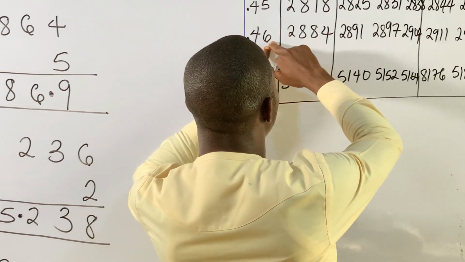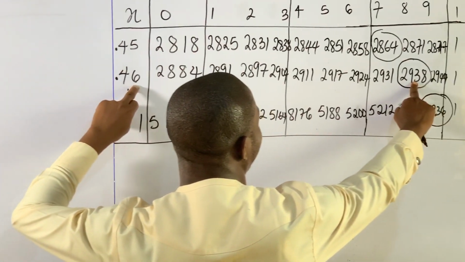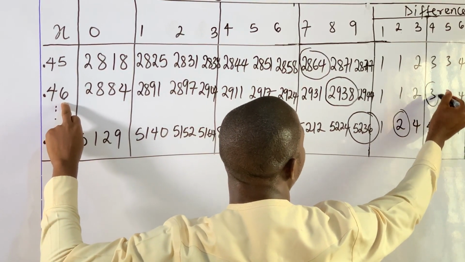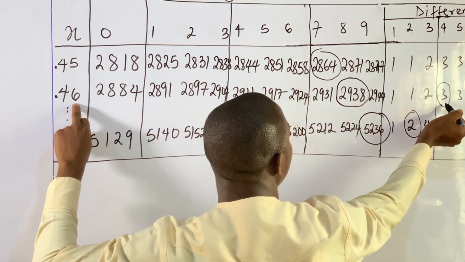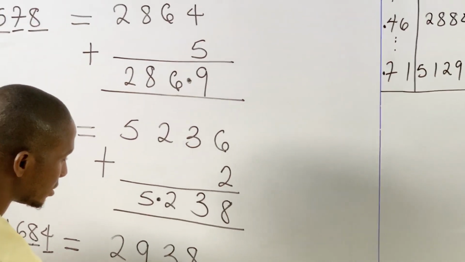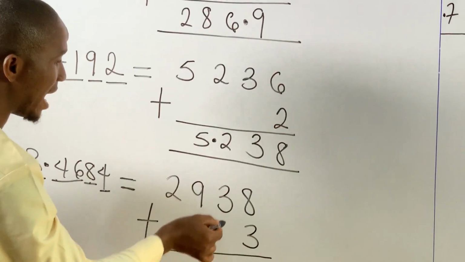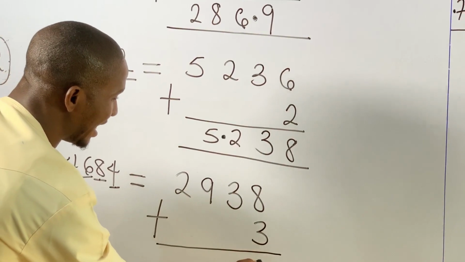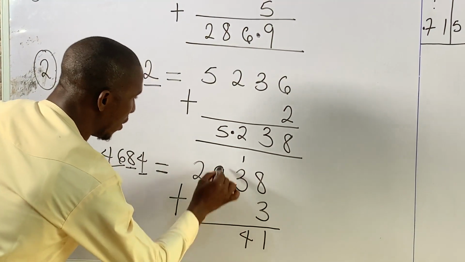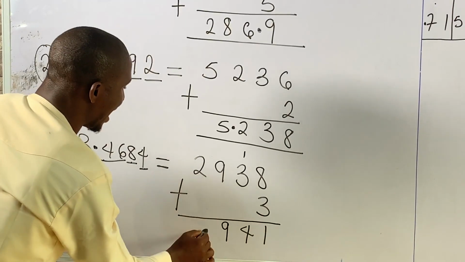Difference 4 is 3. So we come back here and add the 3 to it. Then we had 8 plus 3, 11. Carry 1. 1 plus 3, 4, 9, and 2.